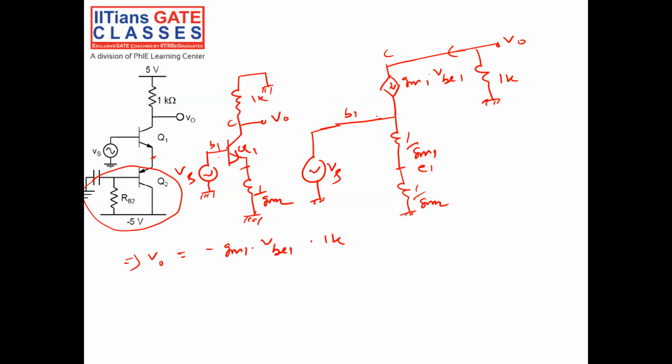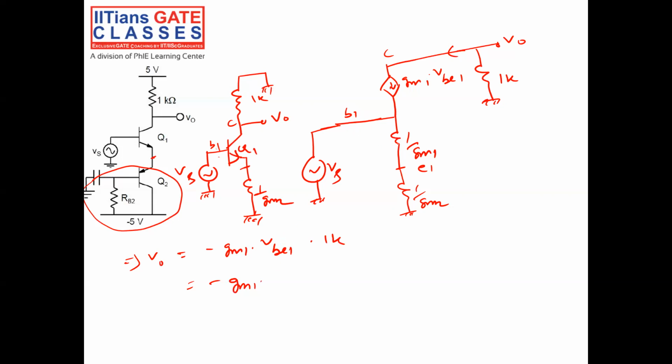First see the equivalent model. Between base and emitter, I have a resistance 1 by GM1. Between emitter and ground, I have resistance 1 by GM2. The source is connected between base and ground, and from collector to emitter I have a current GM1 VB1. Then from collector to ground, I have resistance 1K. So V0 is equal to minus GM1 into VB1.